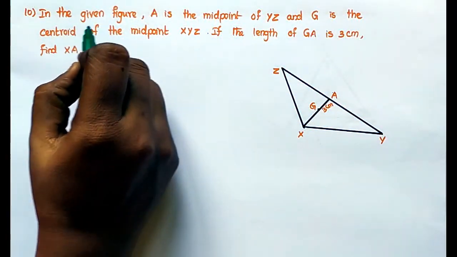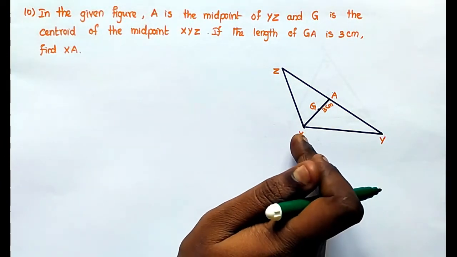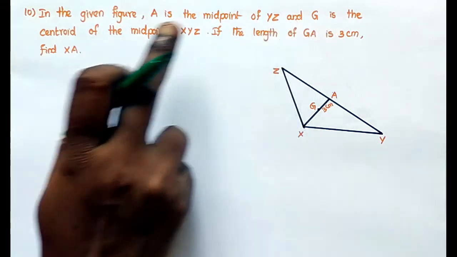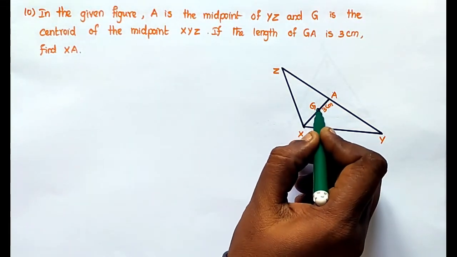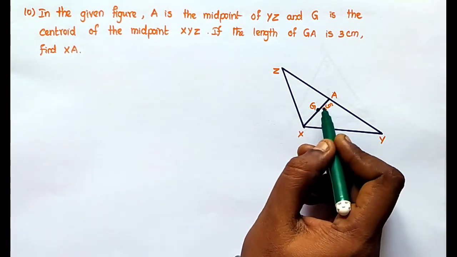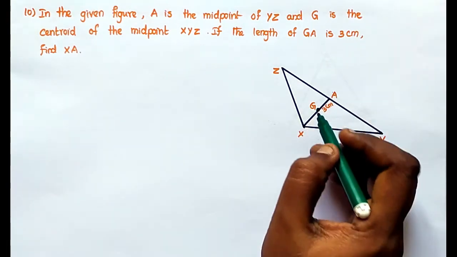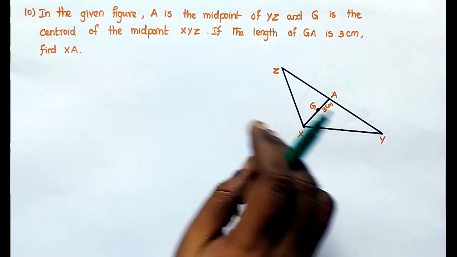Tenth sum. In the given figure, A is the midpoint of YZ, and G is the centroid of XYZ. If the length of GA is 3 cm, find XA.